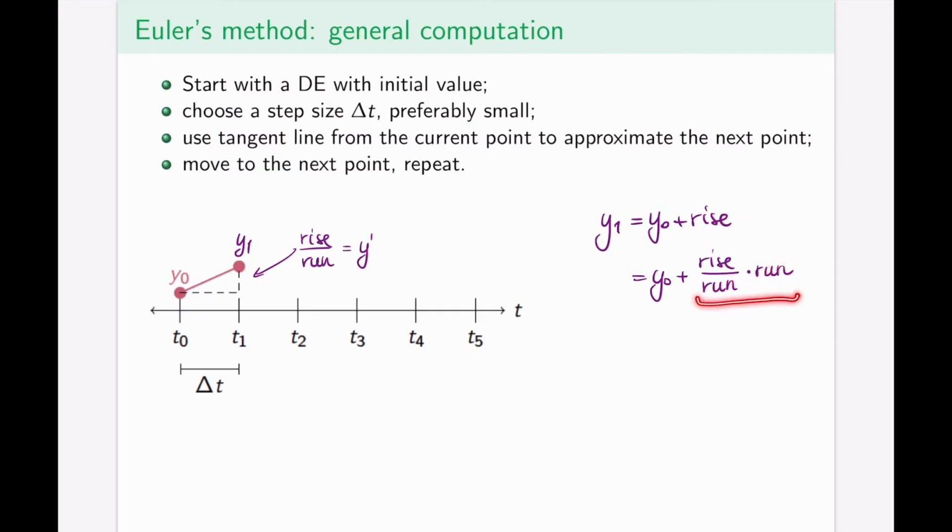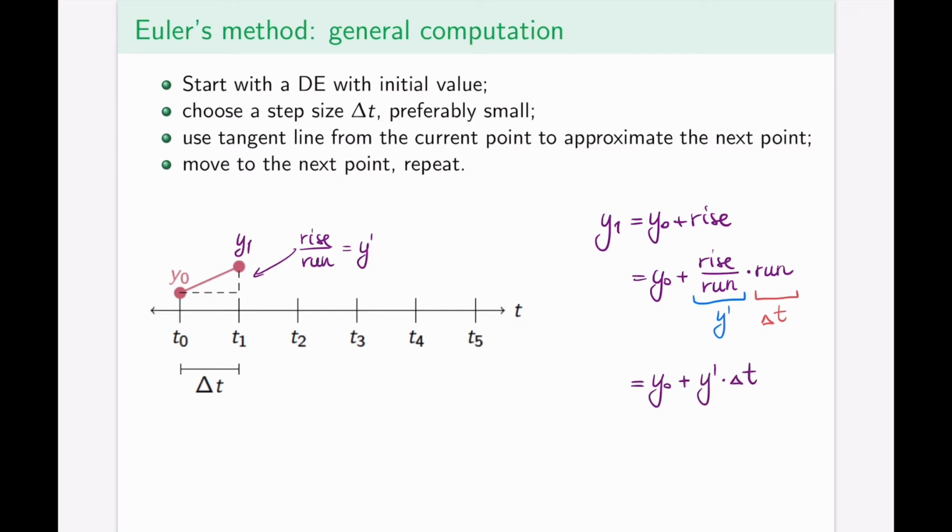But when we rewrite it this way, it's convenient because this part of my equation is what is known as y prime. And this part of my equation, the run, is how much I ran from y0 to y1, which is something that we denote as the step size, delta t. So this is my delta t, which means that overall I have the formula y0 plus y prime times delta t.